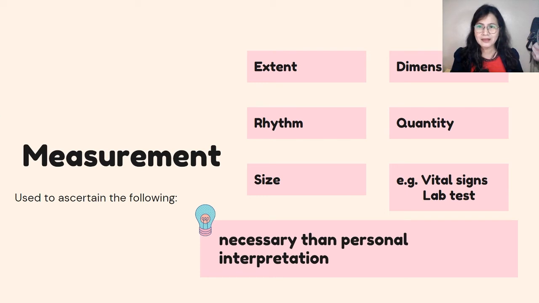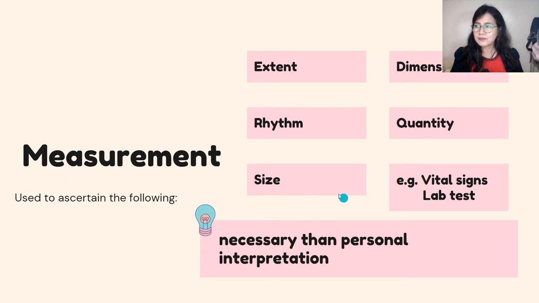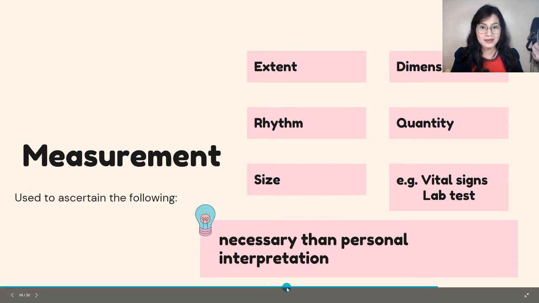Examples of data that can be measured, also considered as objective cues in the nursing process, could be laboratory tests and vital signs. So again, measurement is necessary rather than personal interpretation.